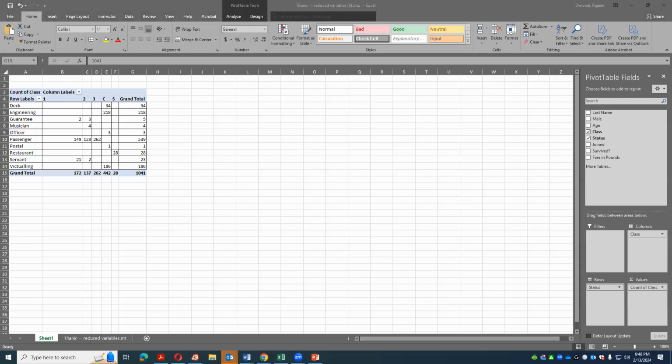Okay, so what is the probability? Probability is written like this: probability of, let's say, C class, probability of C. What would be the answer? The answer would be the column. How many people are in C? 442 divided by 1041.